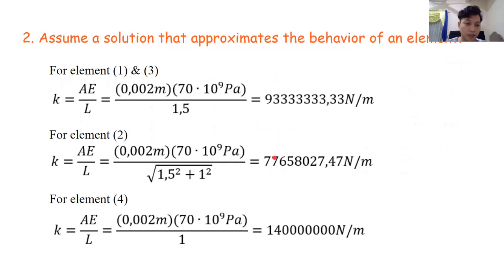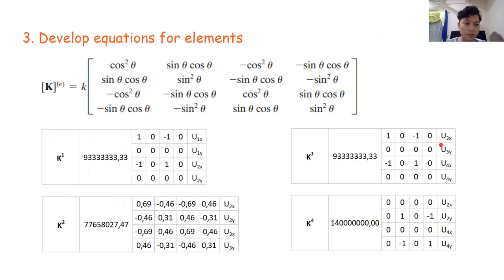And this is the value of K. Probably all of us are familiar with the stiffness constant, denoted with K. We can see here that the value of K is different for each element. For example, elements 1 and 3 have this value, and so on. Then we must develop the K value with these cosine equations.